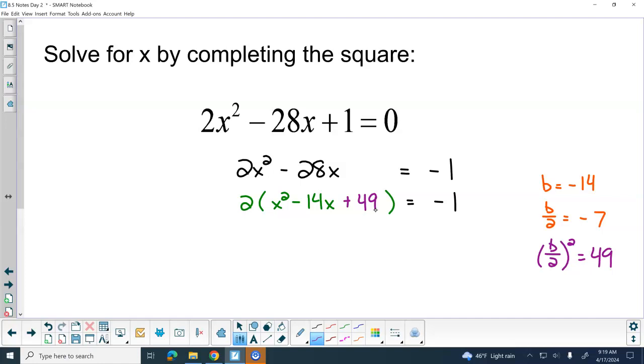How'd you come up with 98? Because that purple is inside the green, and the green is being controlled by the 2. So really, we're adding 98 to the left side, which means I need to add 98 to the right side. Okay?